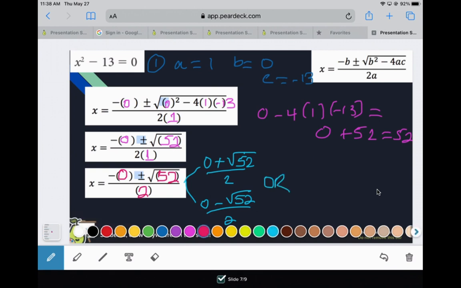Or you can have just square root of 52 over 2 and negative square root of 52 over 2. You want to write the 0? It's up to you. But if it's up to me, I won't write that 0, just to save time. I'm just being lazy. But if you want to, you may write that 0. So that is another situation that you may run into, where the B value is missing.